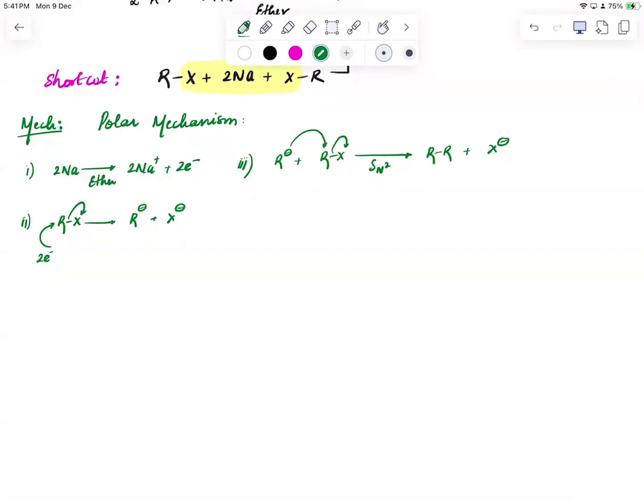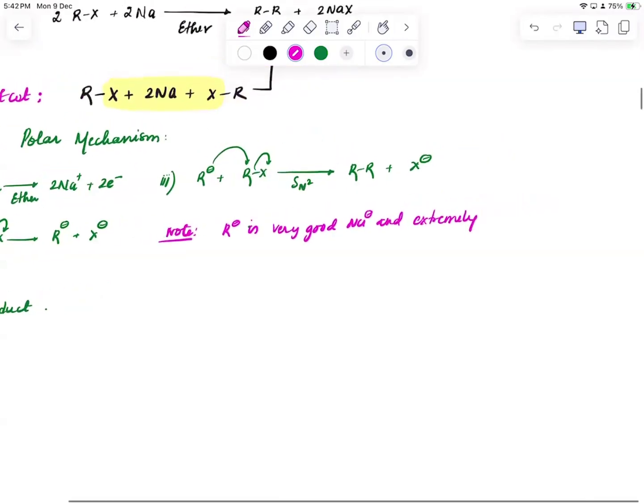Now, what are these side products here? Whenever you have R minus, one important note here is that R minus is a very good nucleophile and an extremely strong base.